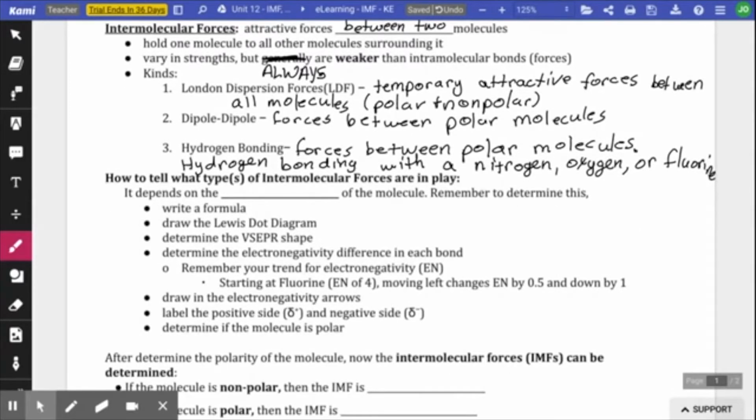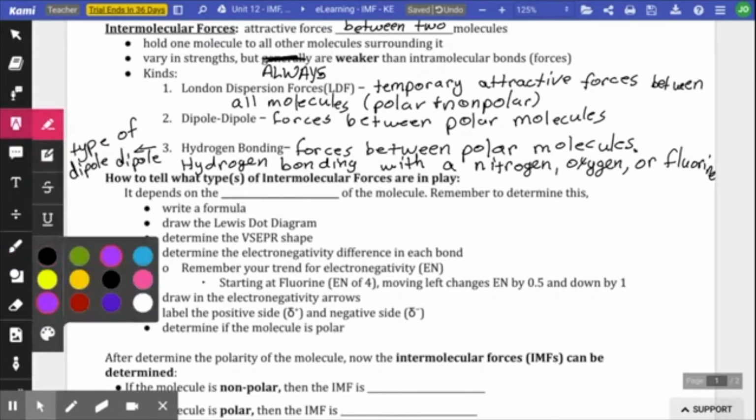All right. So a nitrogen, oxygen, or a fluorine. Now, again, this is a bond between polar molecules. So hydrogen bonds are actually a type of dipole-dipole. Okay, so it's a type of dipole-dipole. And I'm actually going to highlight that.